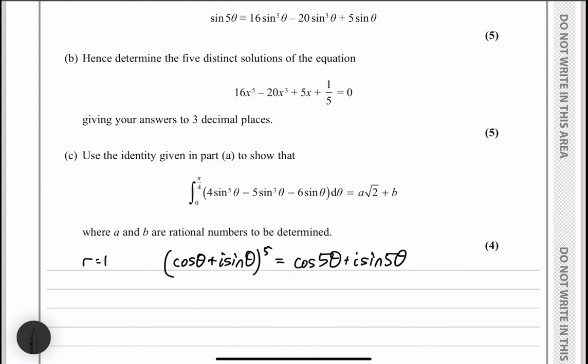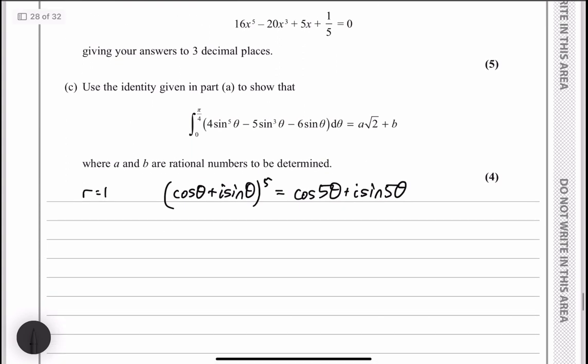We'll expand the left-hand side out with the binomial theorem, and we'll equate the imaginary parts because we want sine instead of cosine. As I've done on previous videos, for the binomial theorem bit here, I'll just use C and S to make it a little bit quicker and fit it all on one line.